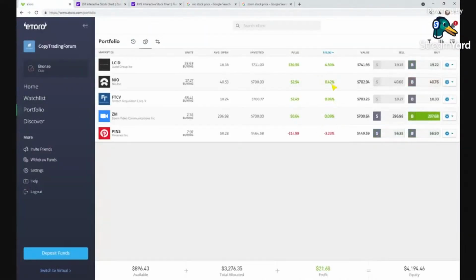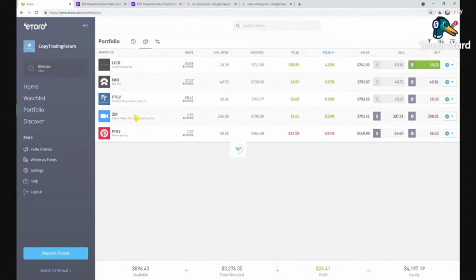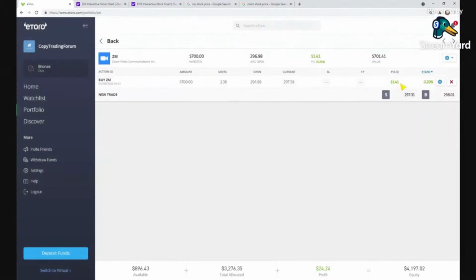So 0.42. We have to set the stop loss at 50 cents, so way above that. And let Zoom go up here a bit more, but you can see it's changing by about 41 cent there. See, it's changing about 50 cent there, so it's changing in bigger numbers there.